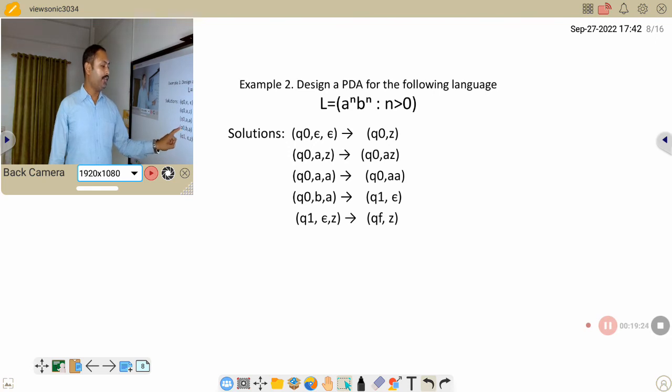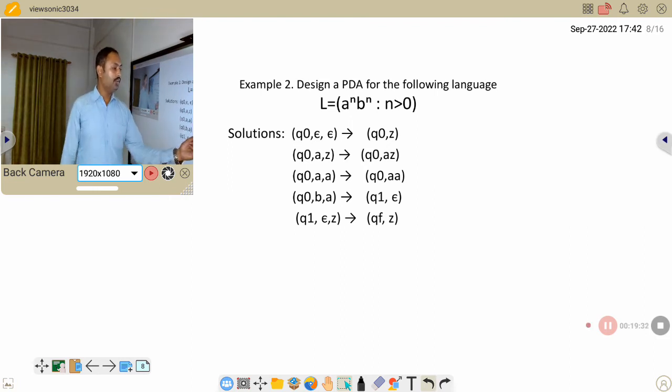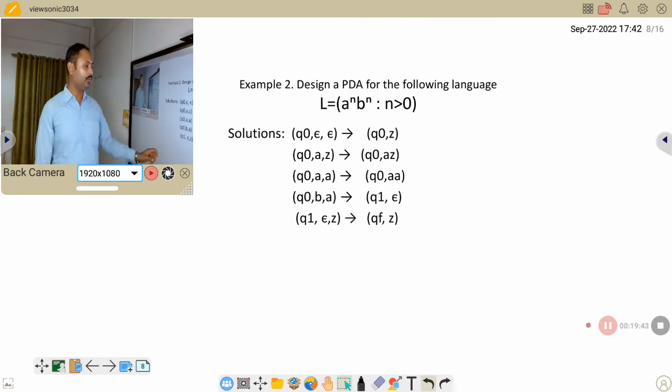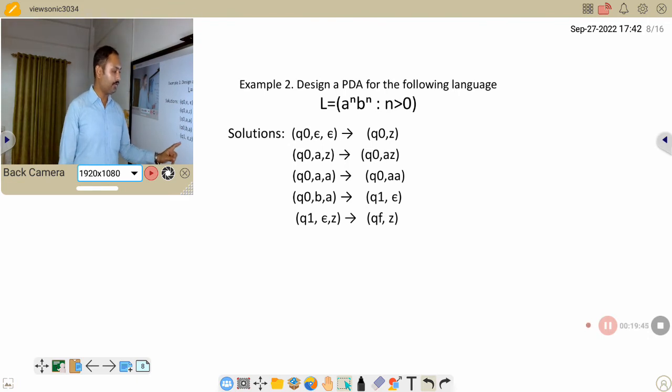If our input symbol is B and the current symbol is A, then we have to delete this. So the last transition is null. After that the stack will be empty, only the Z symbol will be left over there. So we go from the current state to the next state and Z will remain.